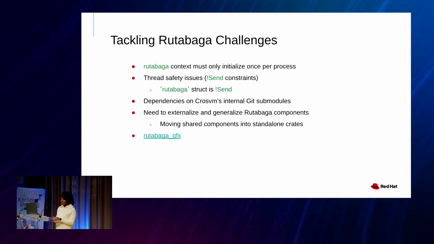While working on this device, we encountered a couple of architectural challenges when integrating the rutabaga crates. One of the challenges was the single process constraint. What that meant was that the rutabaga context could only be initialized once per process, and we needed a workaround, which was doing a delayed initialization during the event handling.